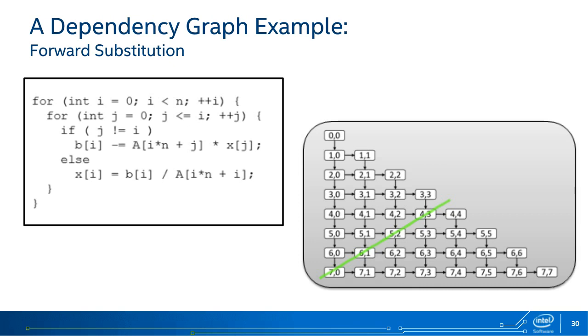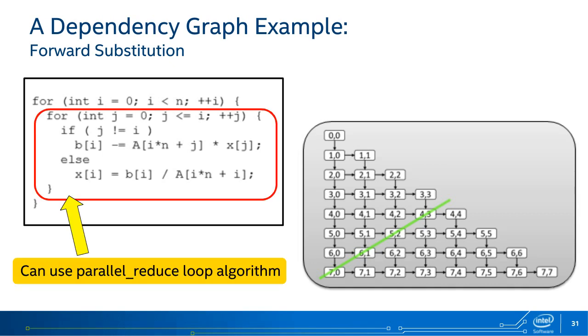Now, an astute reader may notice here that the inner loop could be expressed using a parallel reduce. So we could do a reduction. What's happening inside this inner J loop is a reduction. We're computing the sum of values and storing them into B. So you could use a loop level algorithm to express this.